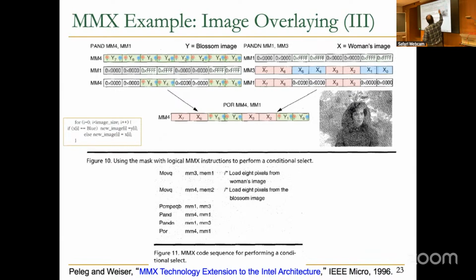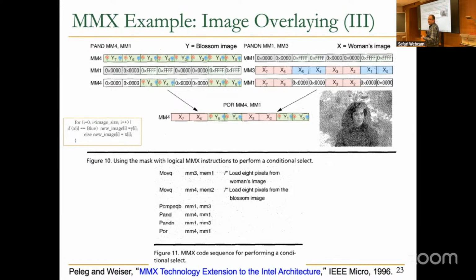As a result of that, you get another MM1, which has your original pixels on those places where you don't want to place the background, and 0 on places where you do need the background. Then you just need to OR these two together, right? And you get this MM4, which is your new picture. And this is the code.